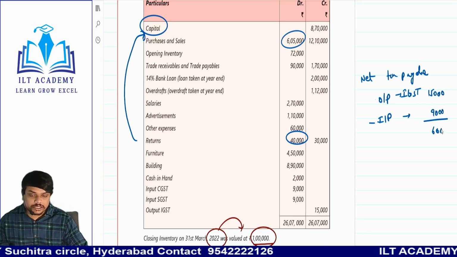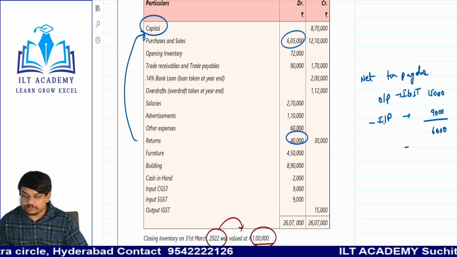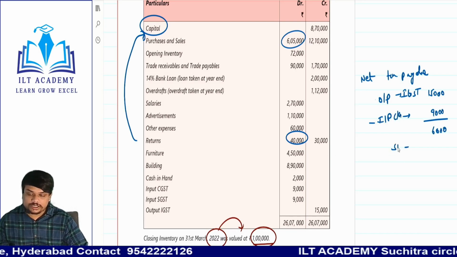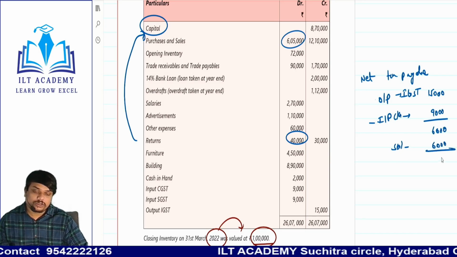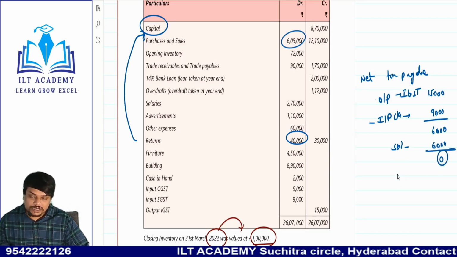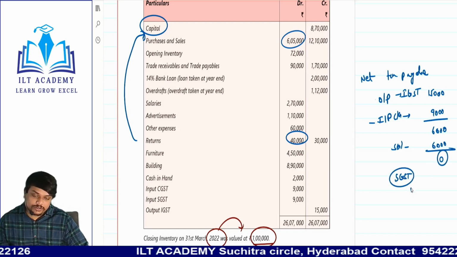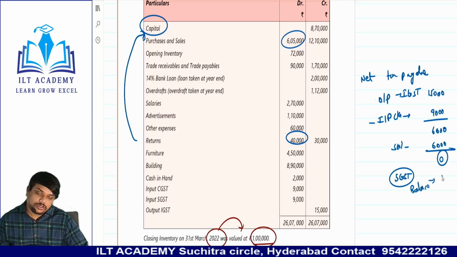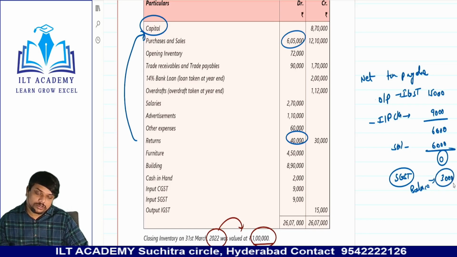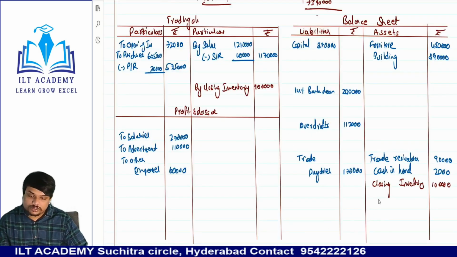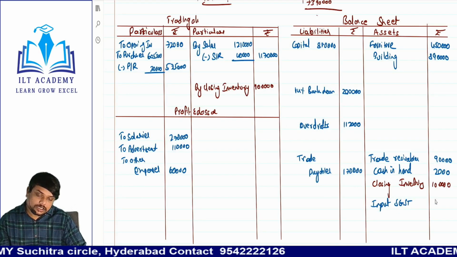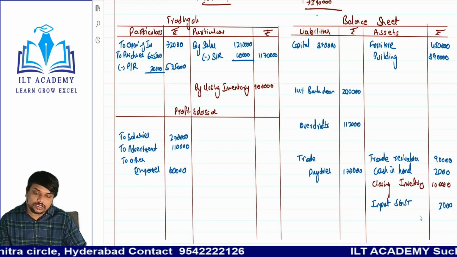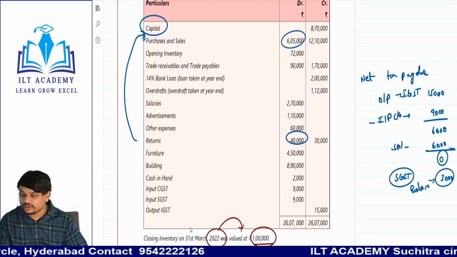So still liability of 6,000 exists. Again we can use input SGST of 6,000. So this liability will become 0 and still you are having SGST balance of 3,000. So this is asset for us. So input SGST 3,000. With this we have finished writing everything.